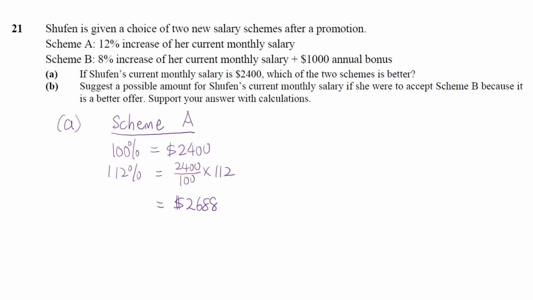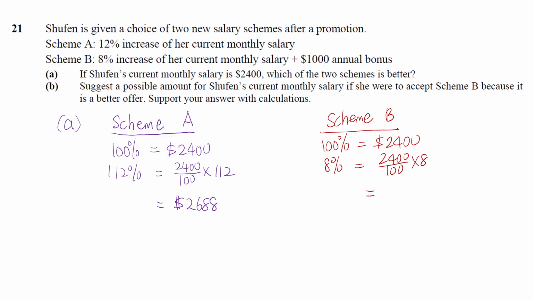Let's look at Scheme B. Let's use a different color so that we can do a good comparison. So for Scheme B, likewise 100% represents 2,400, and it's an 8% increase, so we find 108%.